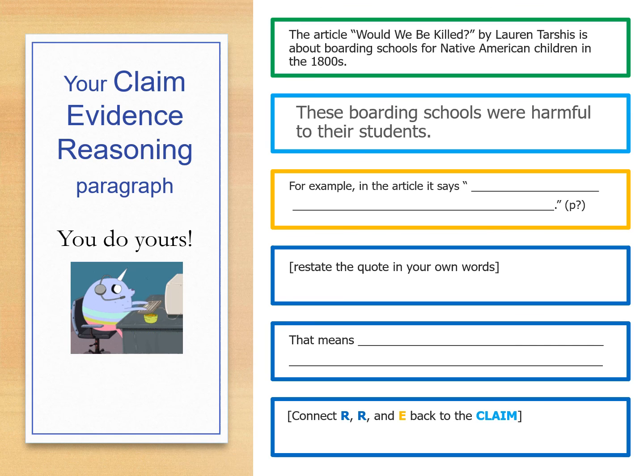Okay, that's better. So that final reasoning sentence, reasoning number 3, connects your other 2 reasonings and your evidence back to the claim. You're going to want to have the word harmful included there somehow, and you're going to want to really connect that.